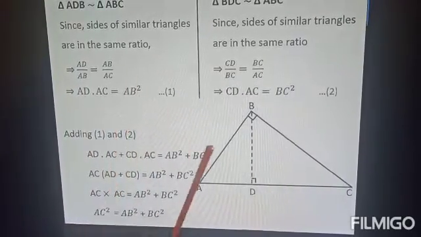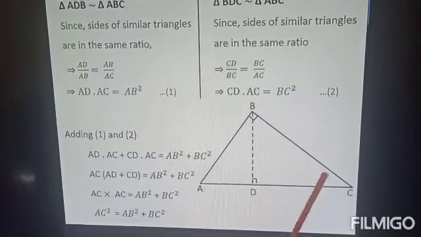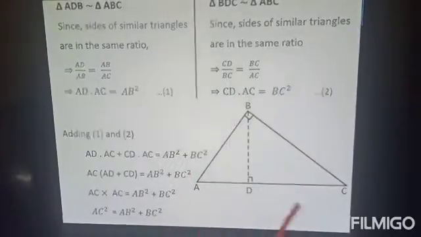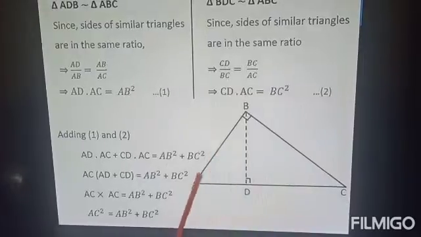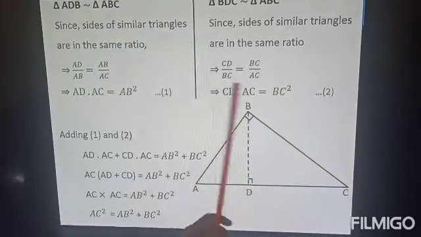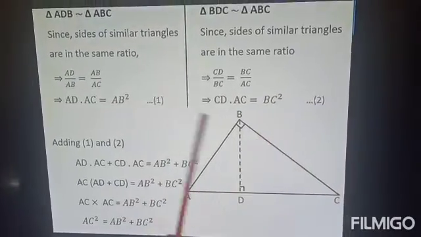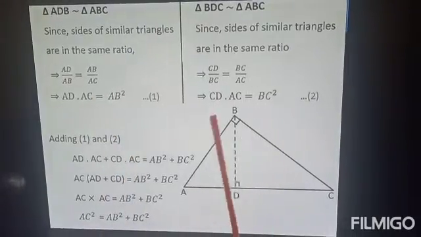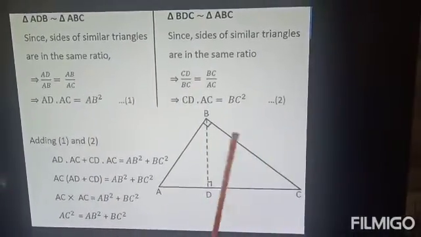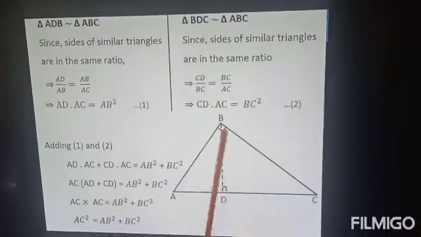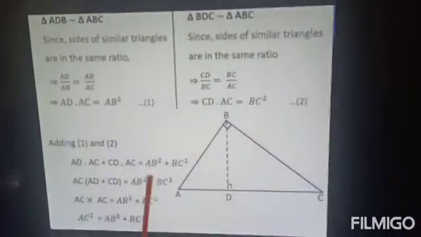Okay. Now take triangle BDC with the given triangle. We took first triangle ADB and the given triangle ABC, and we got this equation. Now take the right side triangle BDC with the given triangle ABC again.